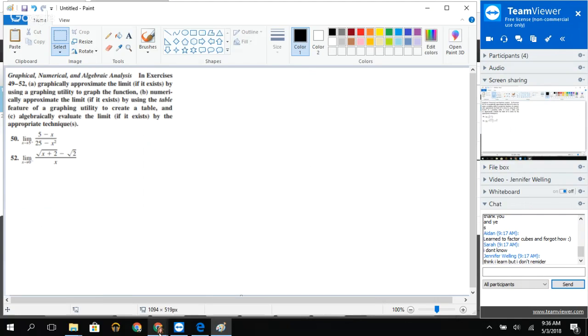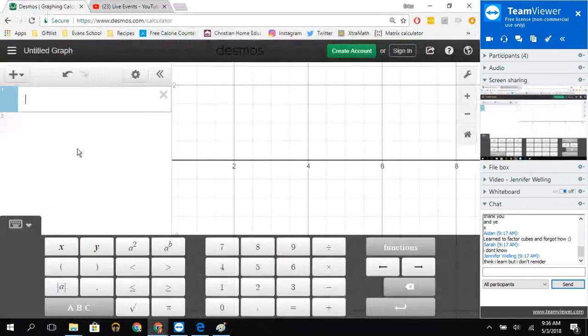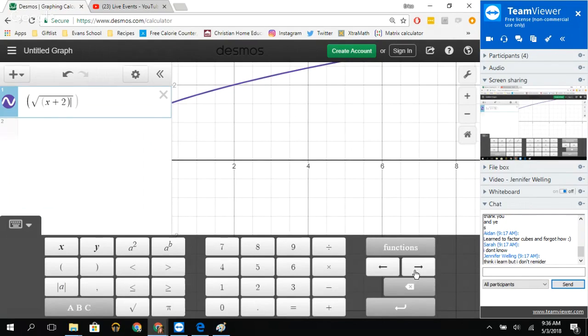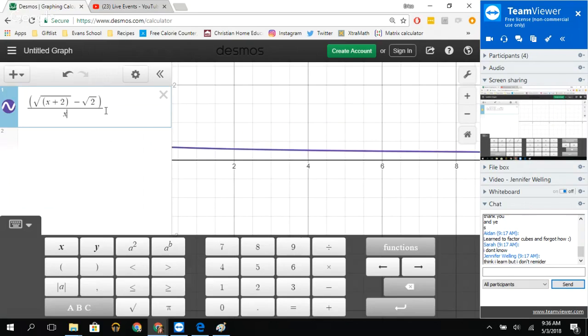Okay, so let's see what happens with this guy. Again, this is probably one where you want to make sure that you're typing in your calculator right, getting the square root correct. Make sure you're dividing everything in your equation by x.